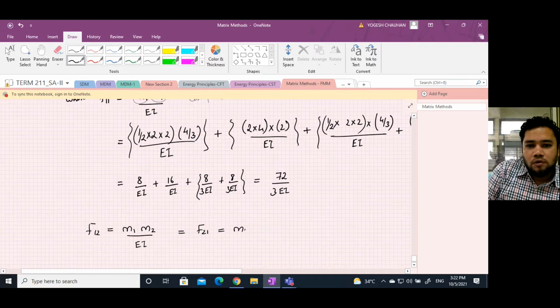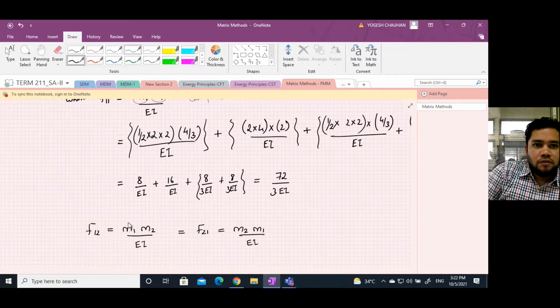Here the first M1 means you have to take the area of the small m1 diagram.